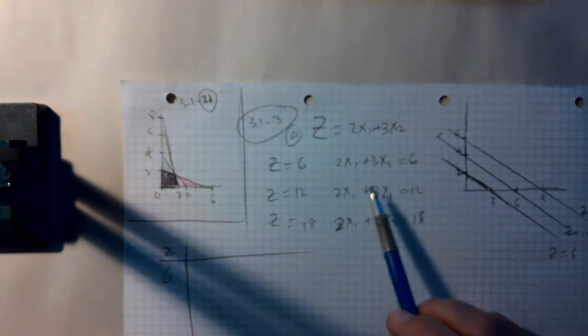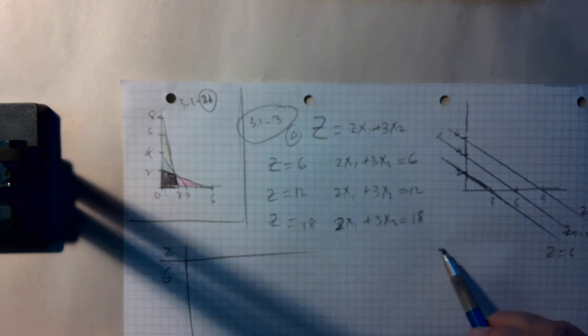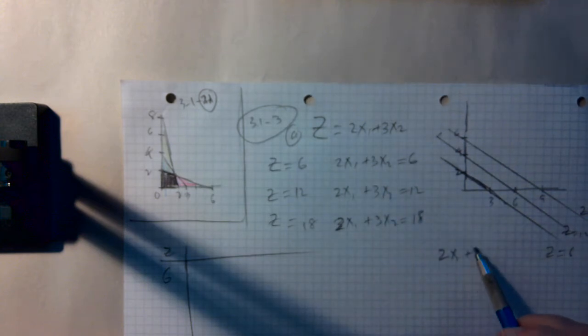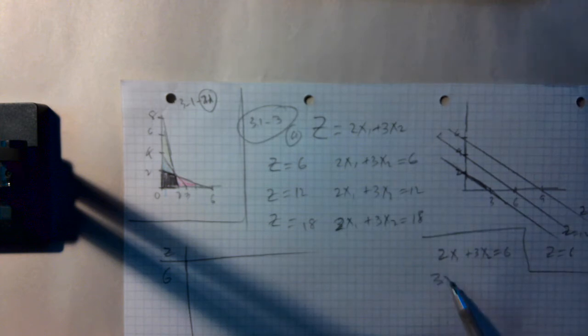When z equals 6, we have the line 2x1 plus 3x2 equals 6. So 3x2 is minus 2x1 plus 6, or x2 is minus 2/3 x1 plus 2.